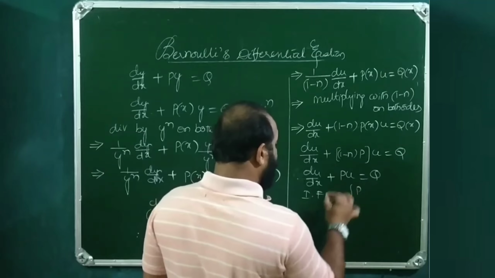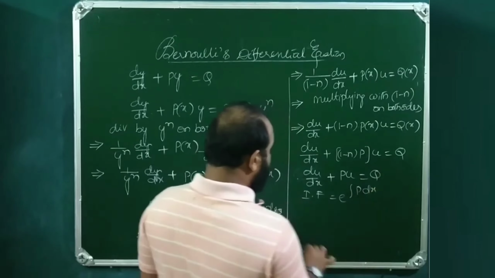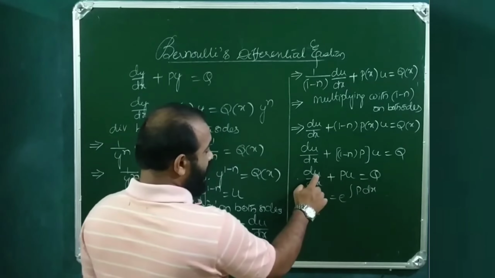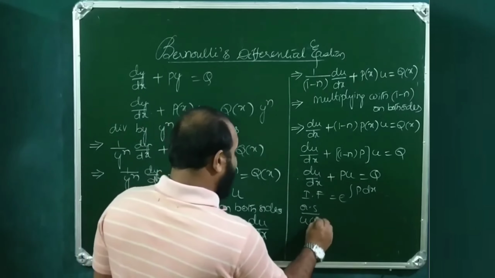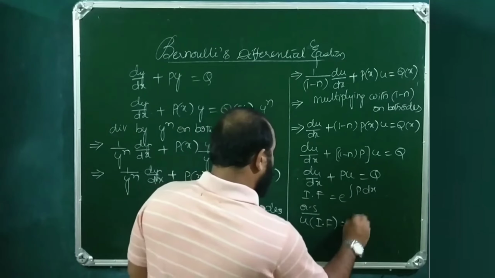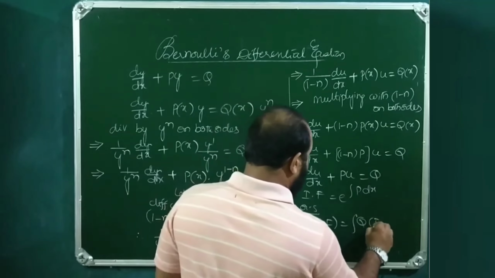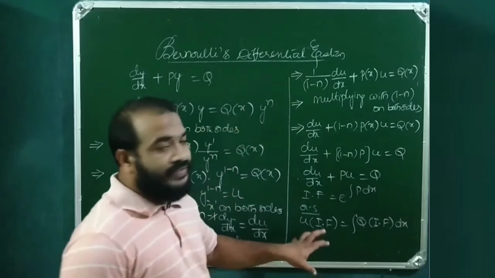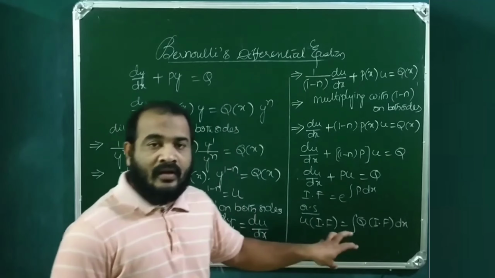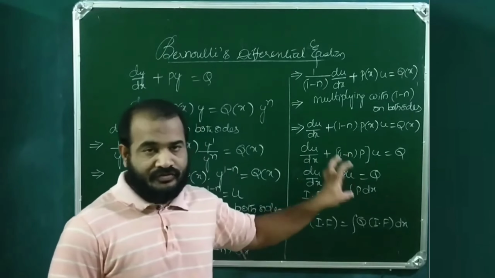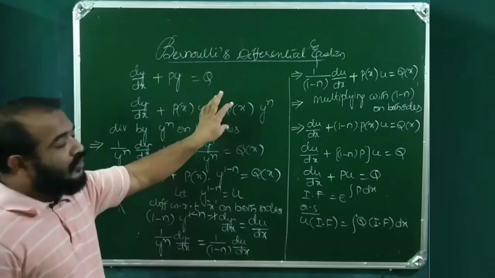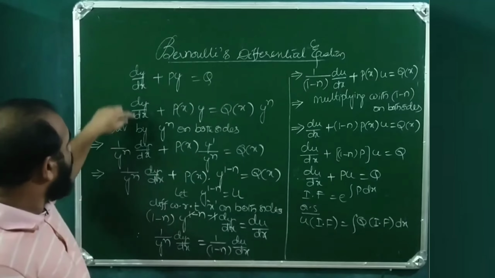E power integral p dx. And what is the general solution? The general solution is, starting with u, u into integrating factor is equals to integral q into integrating factor into dx and so on. In this way, we will solve the Bernoulli's differential equation. Likewise, it can also be in another form. What is that?